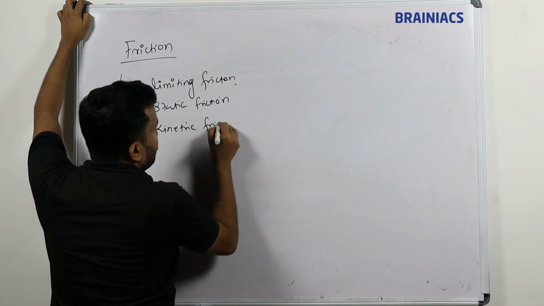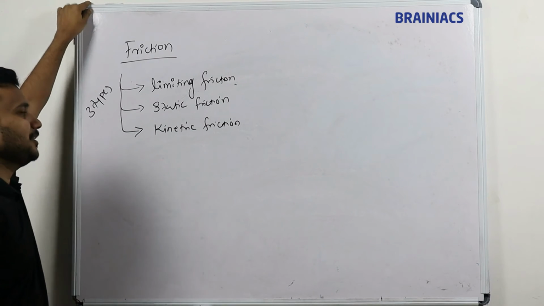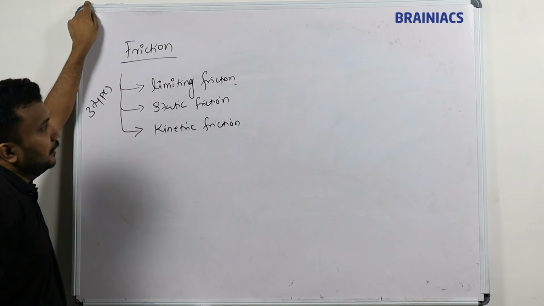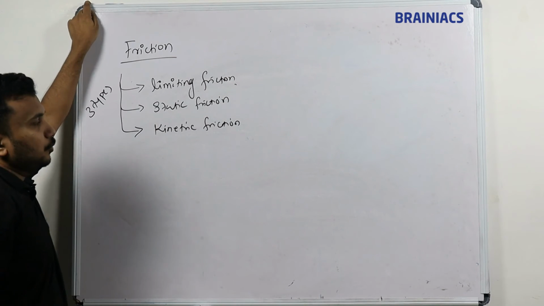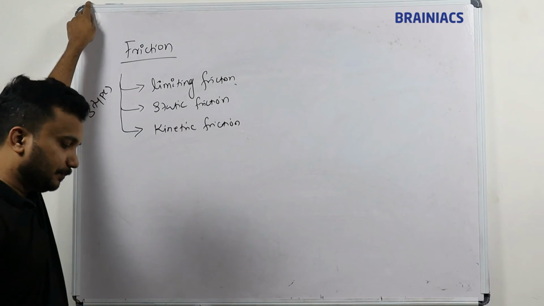Why I am saying three types, you may understand a little later. So we are going to learn three types of friction: limiting friction, static friction, and kinetic friction. Out of these, which one has the highest value?